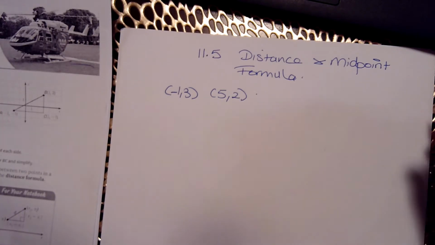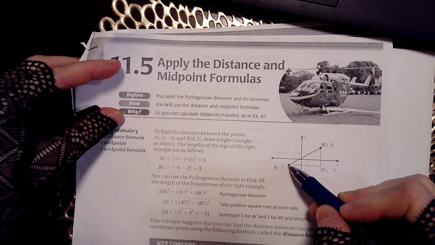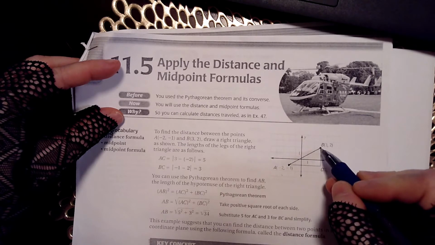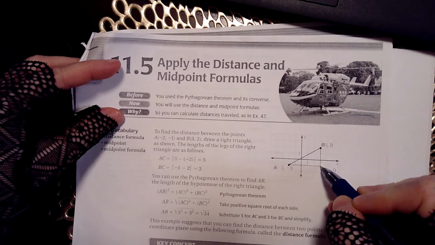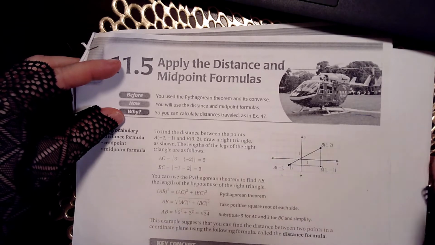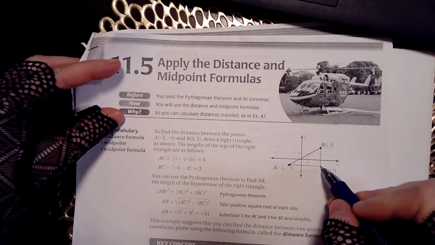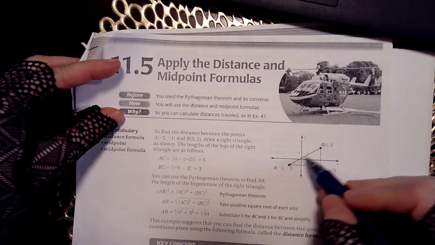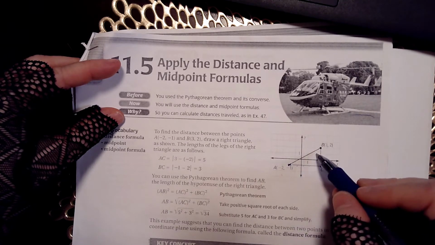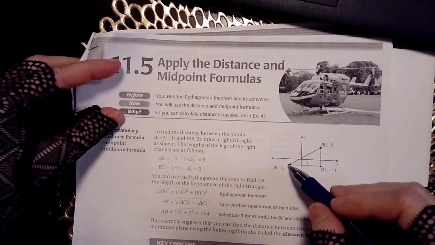But like here, how are you going to find the distance between here and here? You can't just count. If it's an integer, you can count, but you cannot do that on this. So this is why we need the distance formula, because there's no way to count this.